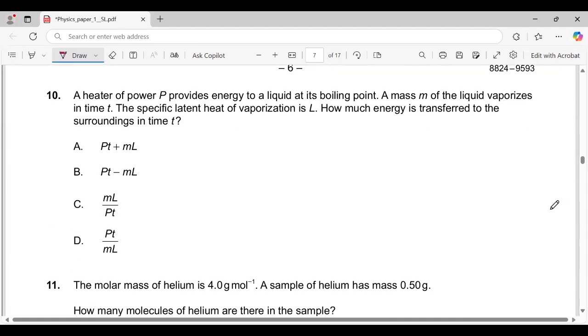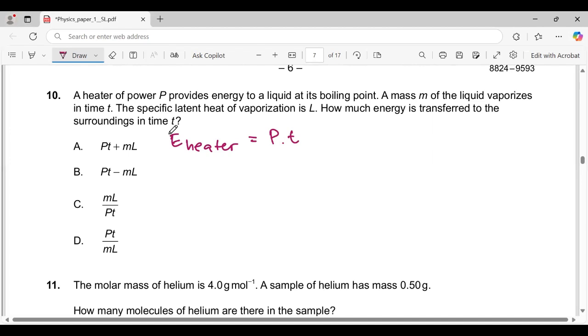Number 10. A heater of power P provides energy to a liquid at its boiling point. A mass m of the liquid vaporizes in time t. The specific latent heat of vaporization is L. How much energy is transferred to the surroundings in time t? The energy supplied by the heater, I would like to write as E heater equal power times time.